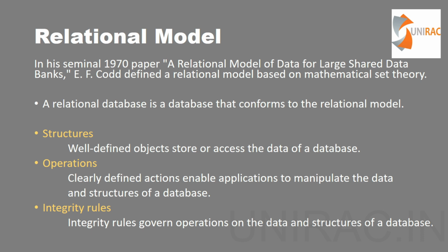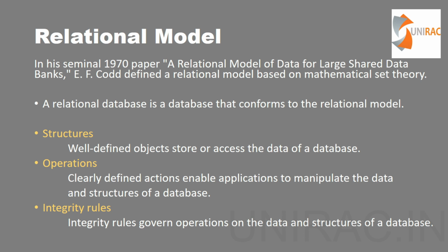In 1970, E.F. Codd defined this relational model based on mathematical theory, and it has been widely accepted. It defines the relational database model in different aspects in terms of structures, operations, and integrity rules.